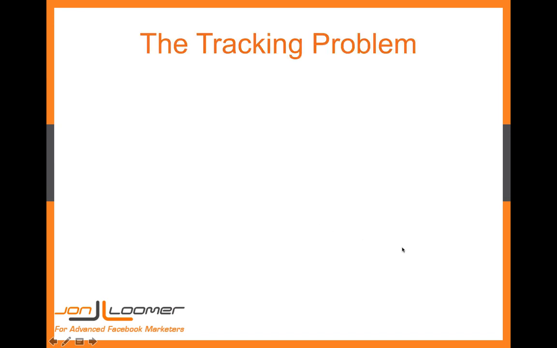All right, so first of all, the tracking problem. Do you know how many sales are occurring on your website right now as a result of ads? I know a lot of people like to guess, or say there's a trend because they've been running these ads, or they use Google Analytics, and it's not enough. That's why you're here, I think, to figure out how to do this.